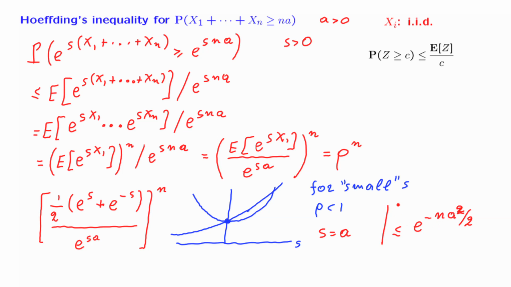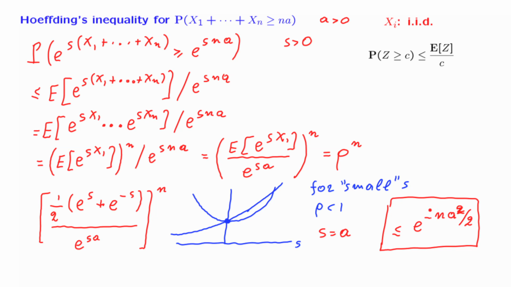And this is the Hoeffding bound. At this point, you may just pause, or if you're curious, you can continue with this video to see the algebraic manipulations involved in order to show that this expression is less than or equal to that expression.